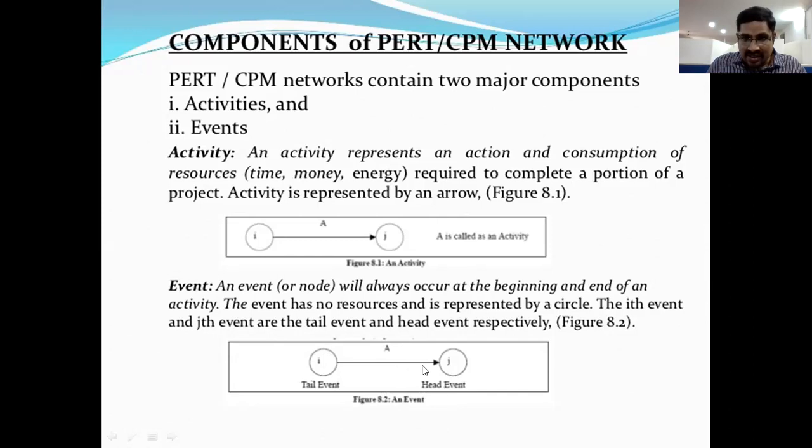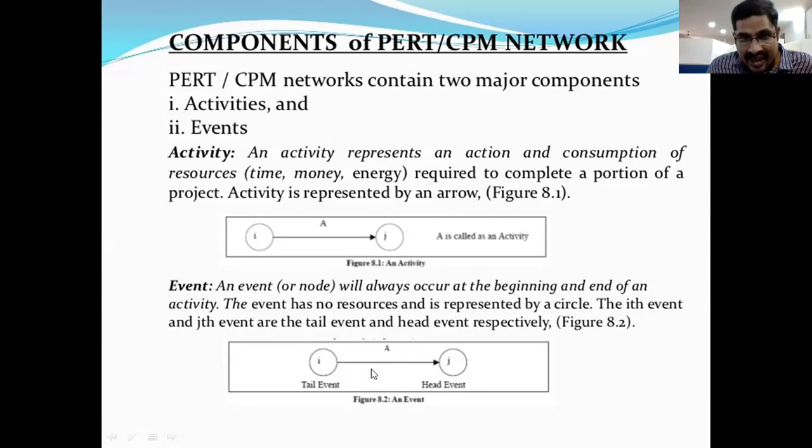Suppose A is the arrow. At its beginning we have one node, and at its ending we have one node, one event. These two are called events, right? Look at this PPT. It will always appear at the beginning and end of the activity.